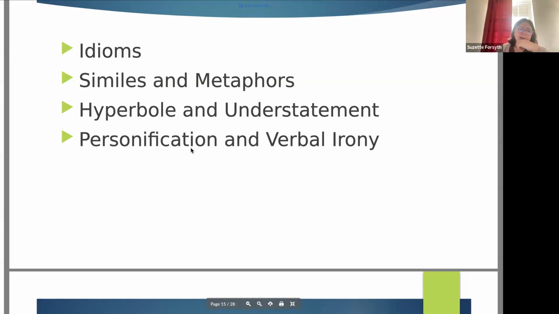Personification and verbal irony. Personification is when we give inanimate objects human-like qualities or characteristics in order to create imagery, usually, but it could also be to point something out. And then verbal irony usually is in the form of sarcasm. So when I say, like, oh, it's just raining a little bit outside, when it's really pouring, I'm basically lying, right?